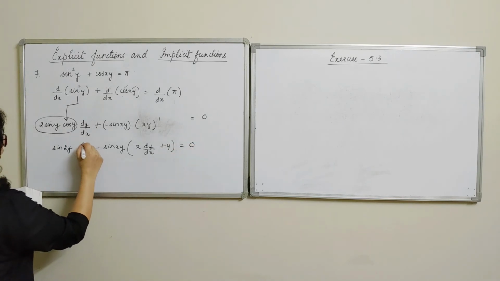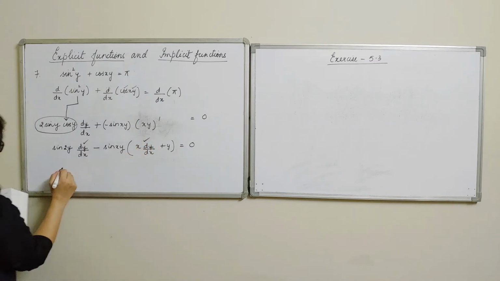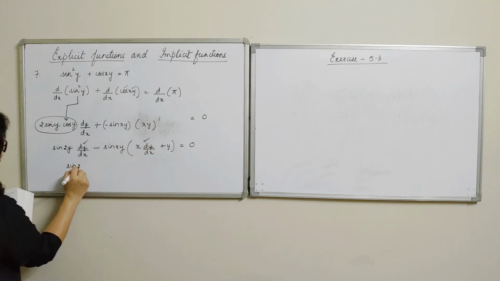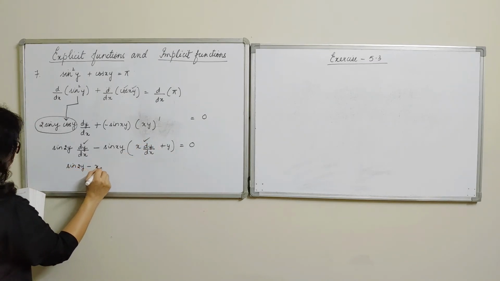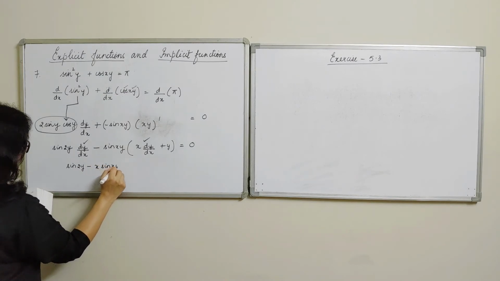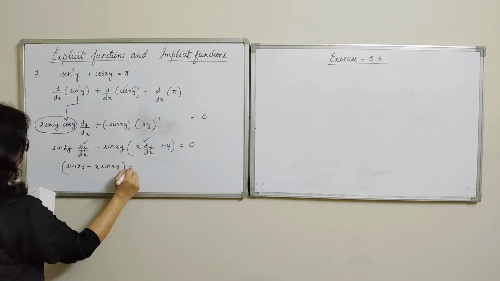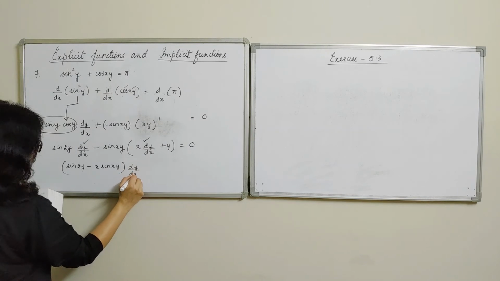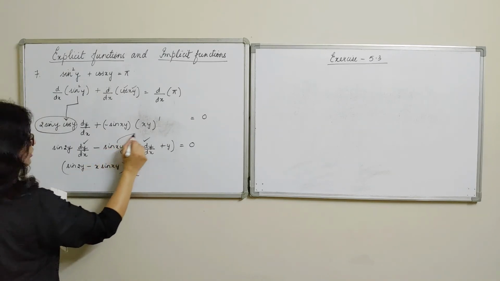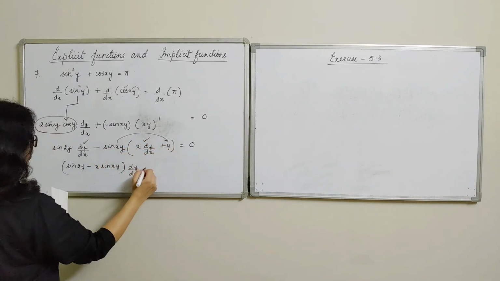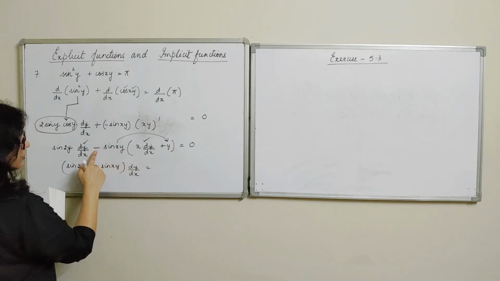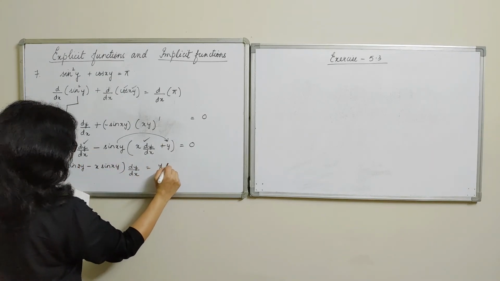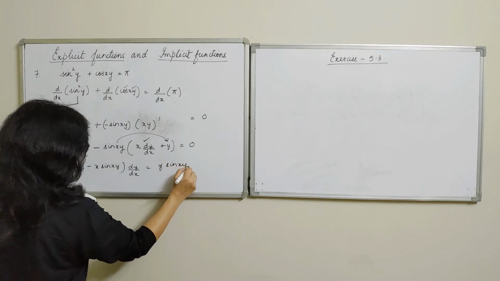So collecting the derivative terms, we have sine 2y minus x sine xy dy by dx, and then this sine xy multiplied by y is on the right hand side, so the sign will change. We have y sine xy.